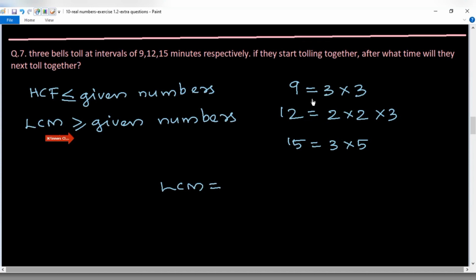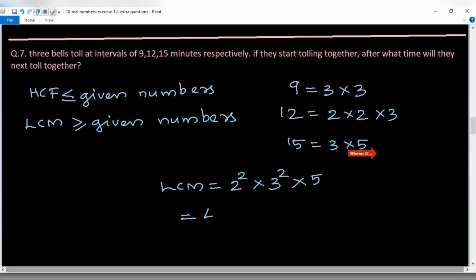Even if 2 is not here and here, 2 came here, so we have to consider that. We cannot skip that. So 2 raised to 2 is there as a part of the LCM. Next is 3. 3 is everywhere, right? In all the three numbers, 3 is there as the factor, and highest power is 3 raised to 2. Then 5. 5 here, only one time, maximum one time. So this is the LCM.